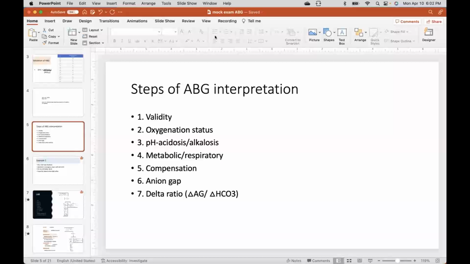If it is a station, you could quickly do the numbers. Like I said, do the compensation numbers before you start answering. If the examiner says you don't have to calculate, roughly tell me whether it is compensated or not, then you can always do the mental map and do it.